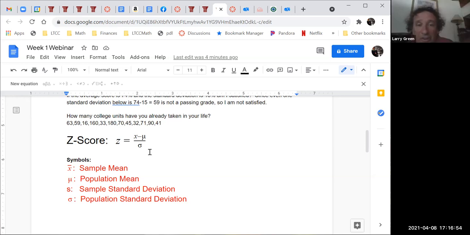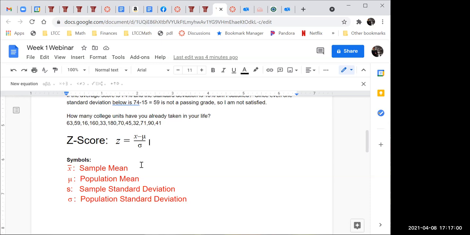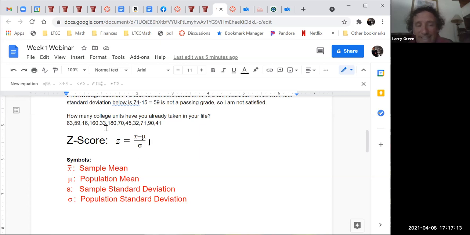Now, if your z-score is negative 1.3, where can you get into? San Jose State? Probably not. They actually have some standards. Any community college?